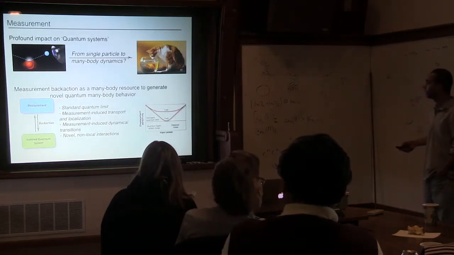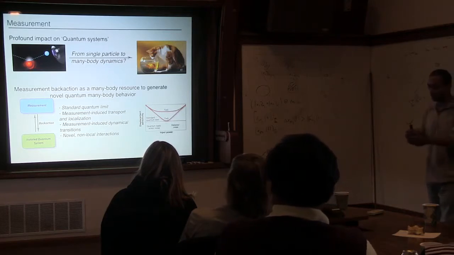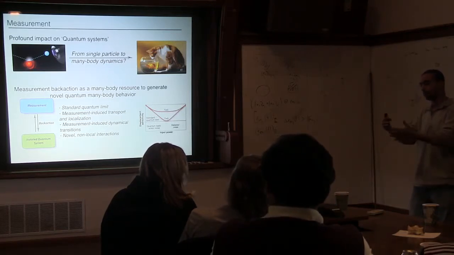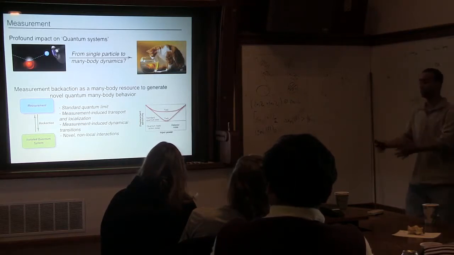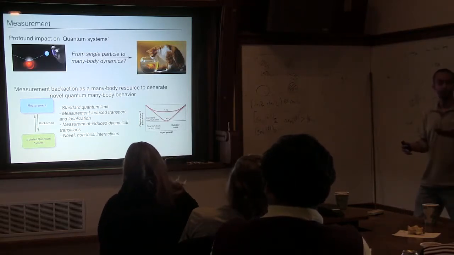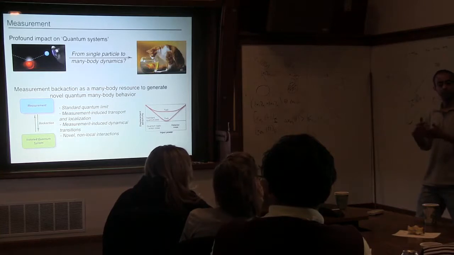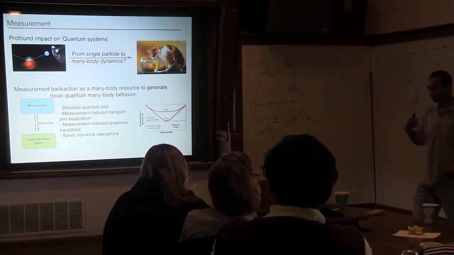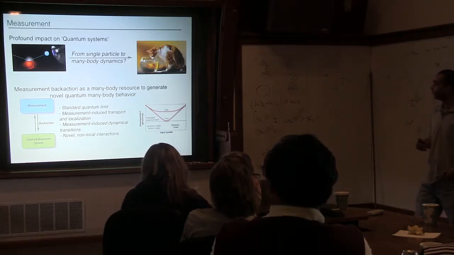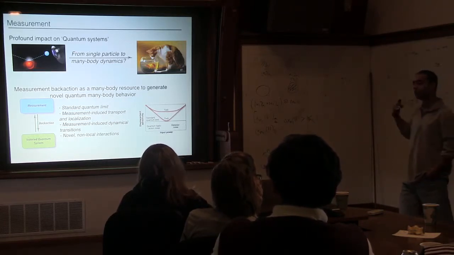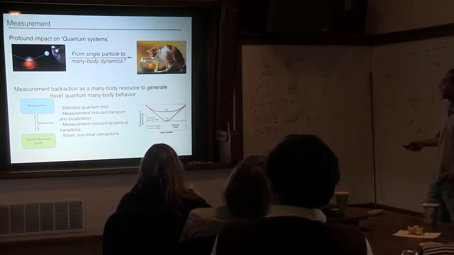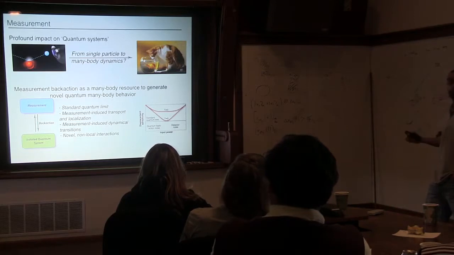So I'm going to say measurement back action, while it's being seen in the microscopic domain in the AMO community, it's also being seen for nanoscale resonators, actually first, I guess, by Keith in the context of electrons, and then by using photons to measure mechanical resonators in GILA and so on. But I'm going to come at it from a very many-body perspective and say, what can we actually use measurement for, and can we actually use it to generate novel quantum many-body behavior?